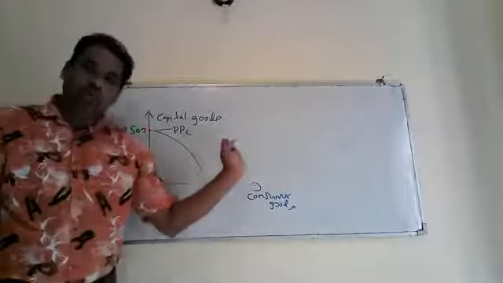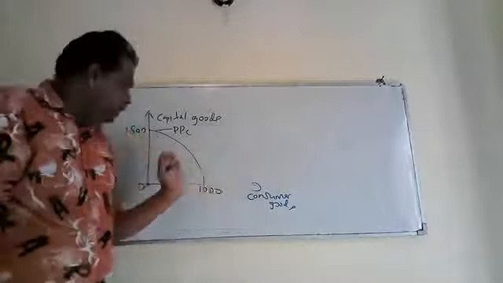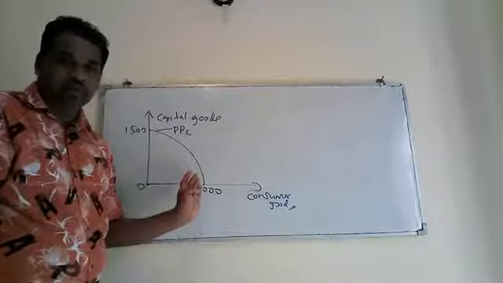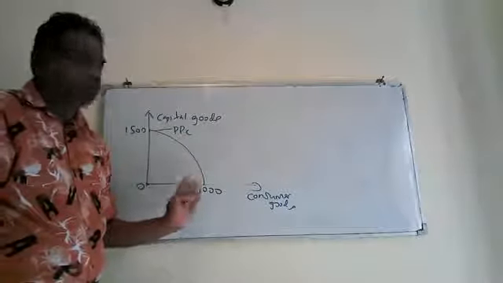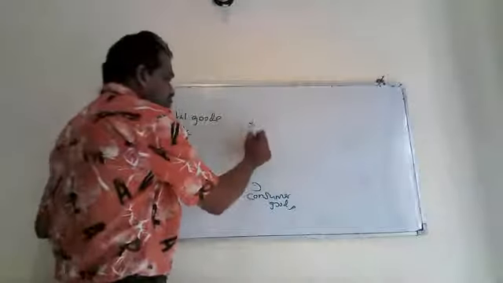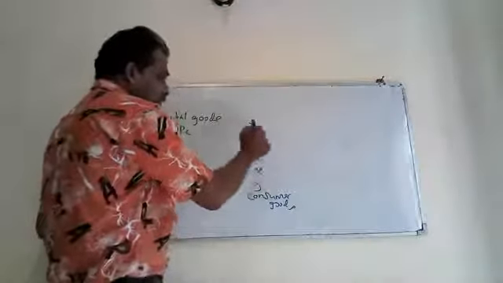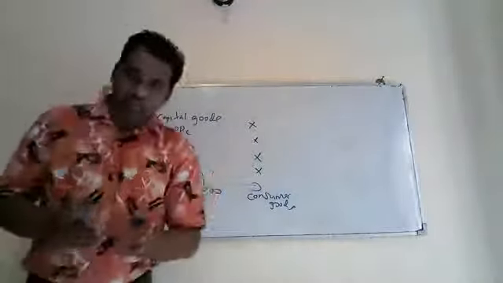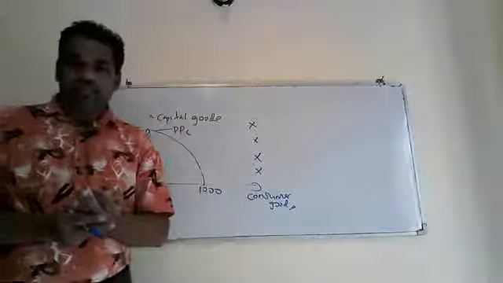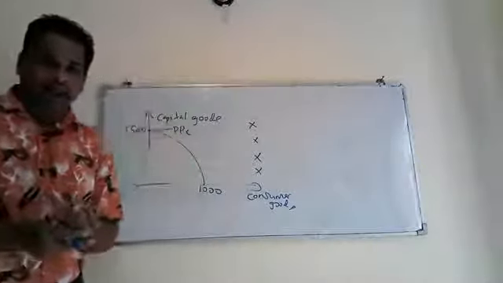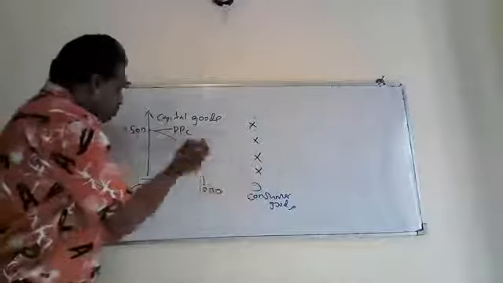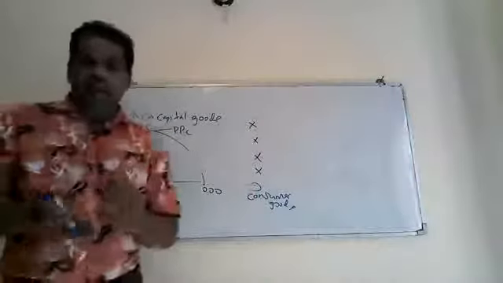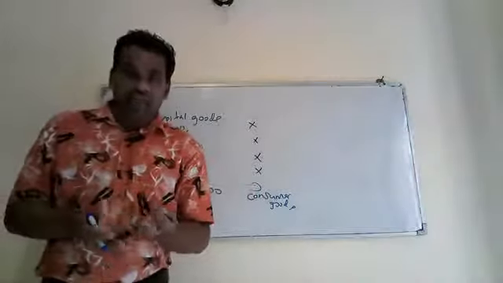Then you explain when you draw this type of curve or PPC curve, we have to make assumptions, 3 assumptions. The country is producing only two type of items of goods like this. Here consumer goods, capital goods. The country is using only the existing technology.